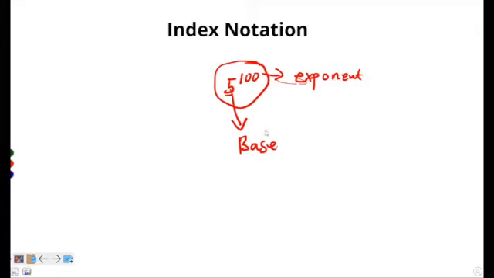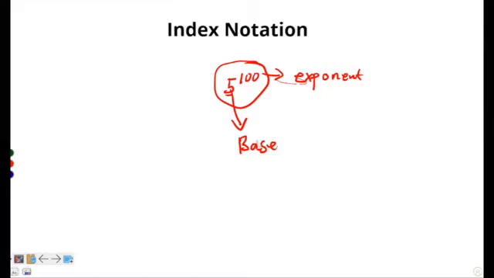When you look at index notation, we are going to look at problem solving: how we can multiply indices and how we can divide indices, how we can work with indices that have negative powers, and indices that have a power which is raised to another power.